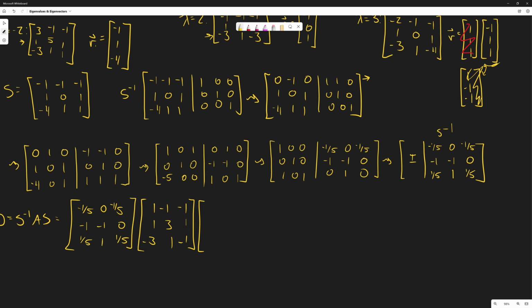Then multiplied by S: -1, 1, 4, -1, 0, 1, then -1, 1, 1. The inverse remains unchanged for now: -1, -1, 0, 1/5, 1, 1/5.